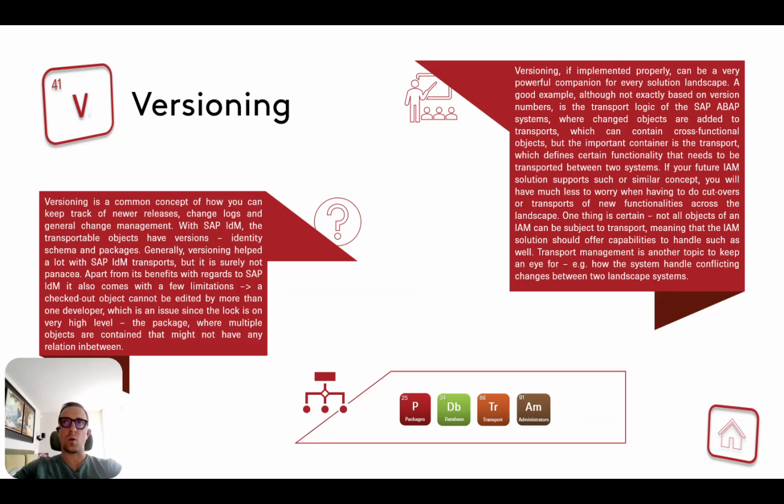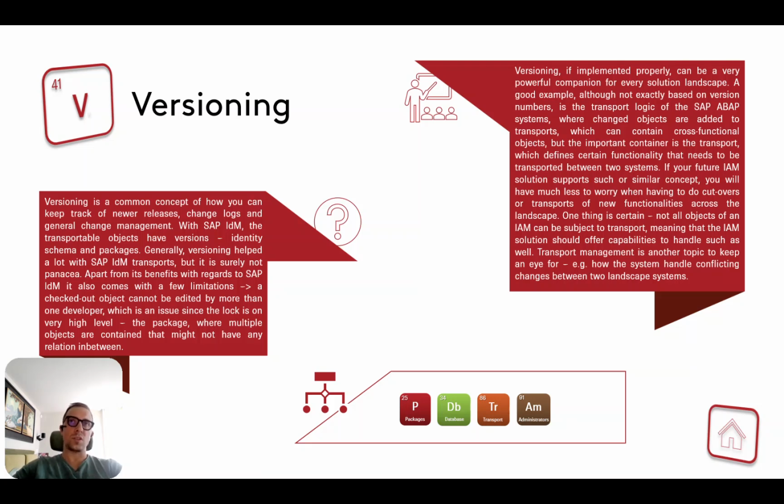IAM systems require a much more complex change management methodology, one based on the final business purpose requirement, which needs to be implemented in a certain release. This would require us to look back at the good old SAP ABAP transport mechanism, where various objects could be added to one or multiple transports, which would serve the purpose of building the required functionality later in the systems that are part of the landscape.